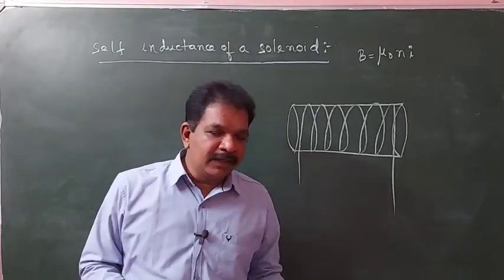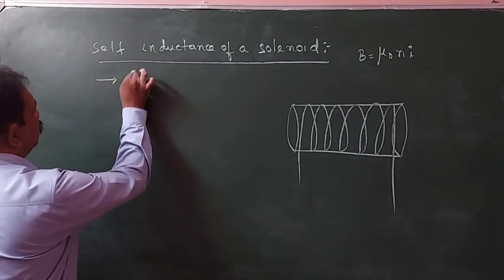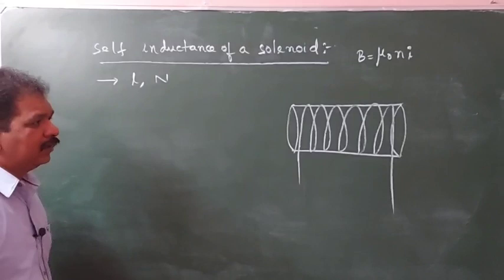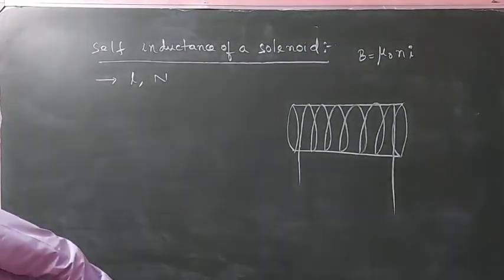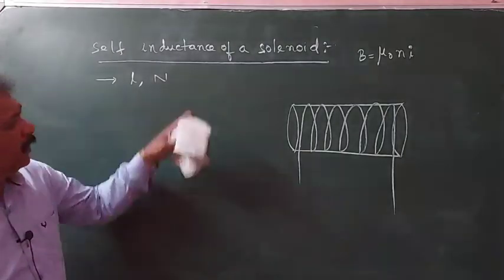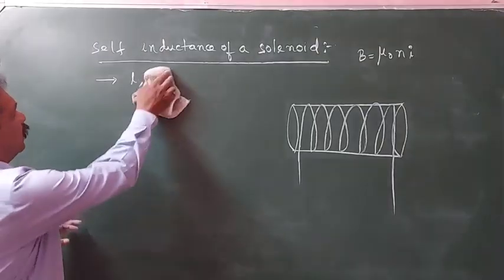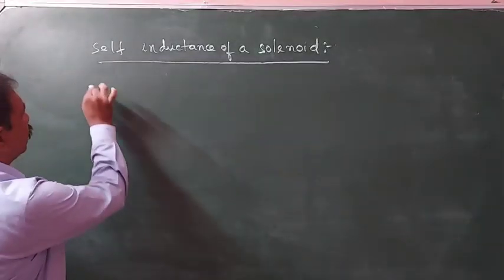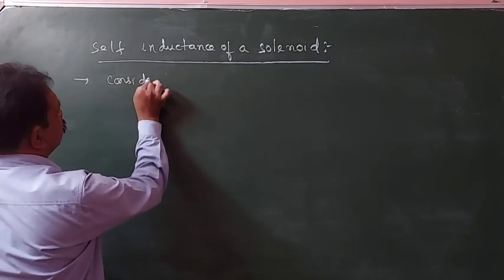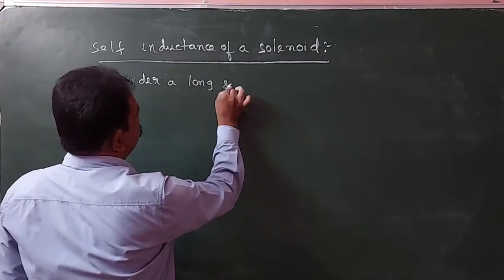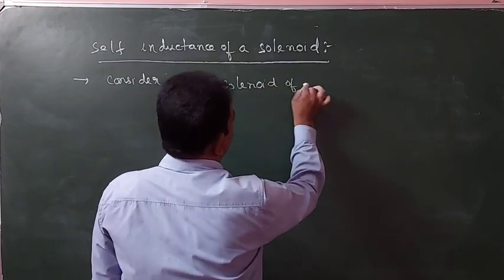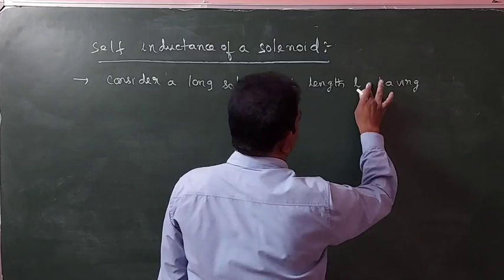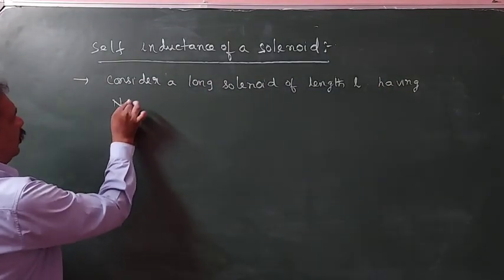Clear? I am considering a long solenoid of length L, and the number of turns is capital N. Consider a long solenoid of length L having capital N turns.